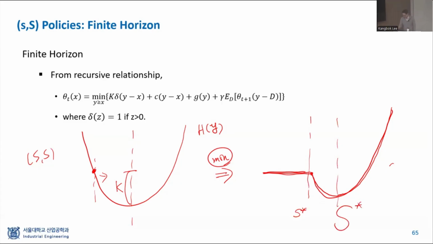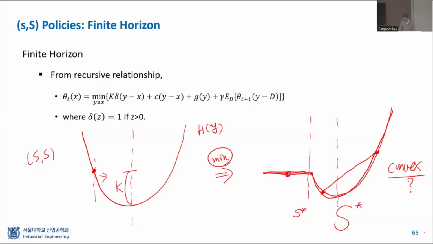Okay, so now I want to ask you the question. Is this convex? It's an easy problem. Why isn't it convex? What's the definition of convex? You pick 2 points, you draw a line, and the line should always be above the graph. So where does it break?